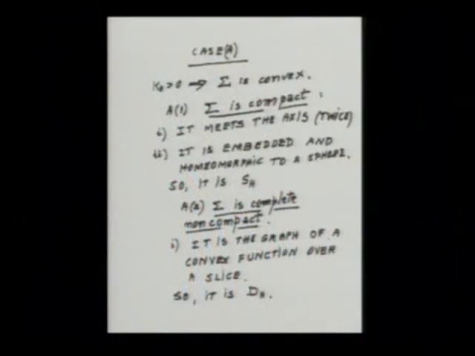And then we have two situations. Either it's compact and has to meet the axis twice, because away from the axis it will have a point where it's not convex, and it's embedded in the homomorphic sphere. So it is one of these Rosenberg surfaces. It's called HS.